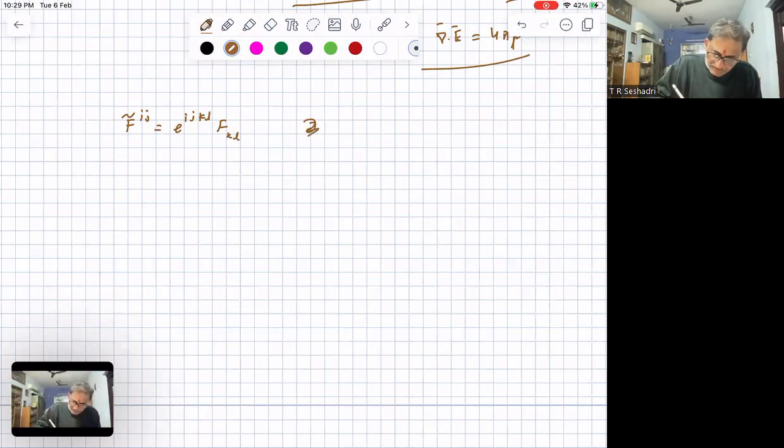Since this is a constant, the first set of Maxwell's equations, which is Eijkl del fkl by del x j equal to 0, can be written as del f tilde ij by del x j equal to 0.